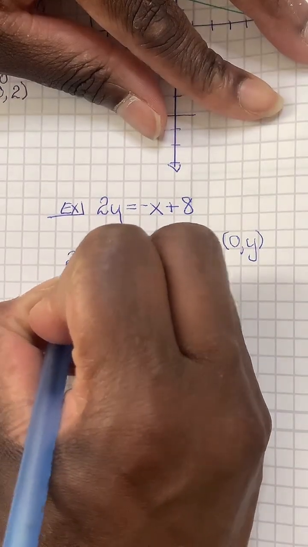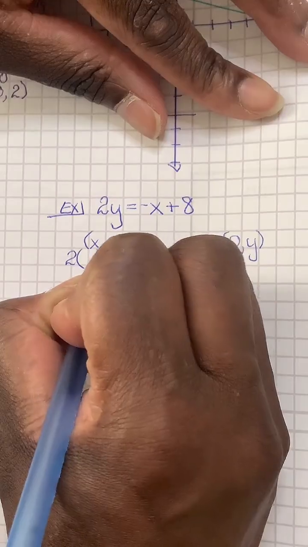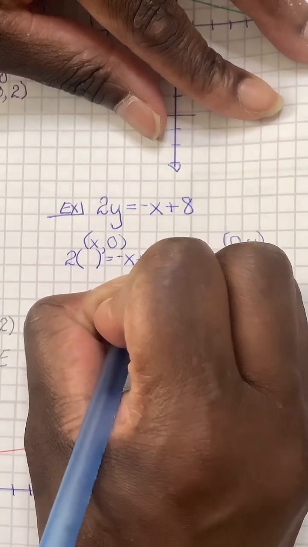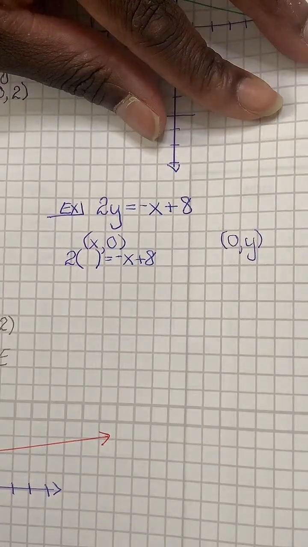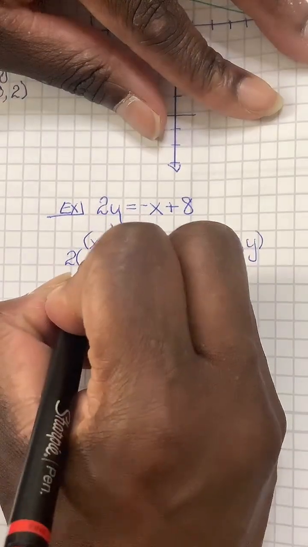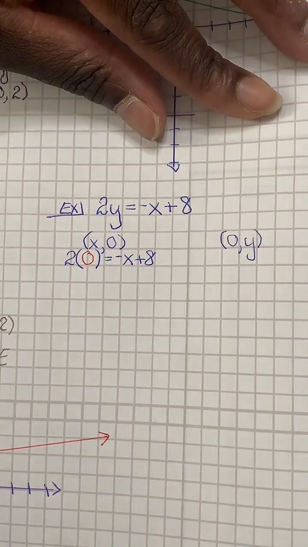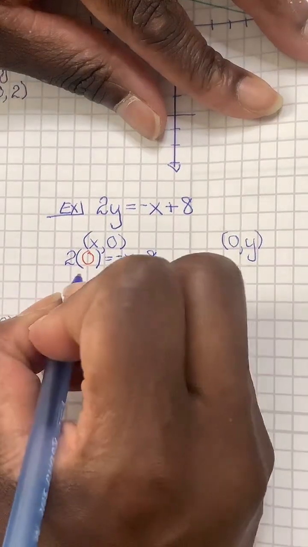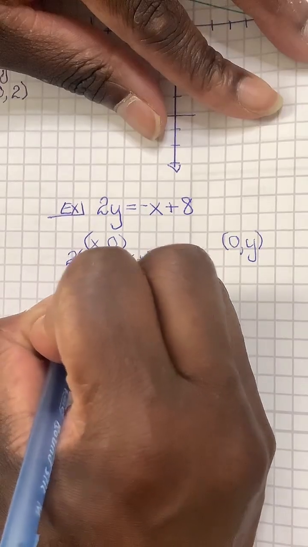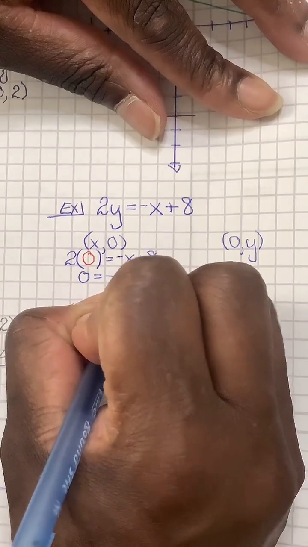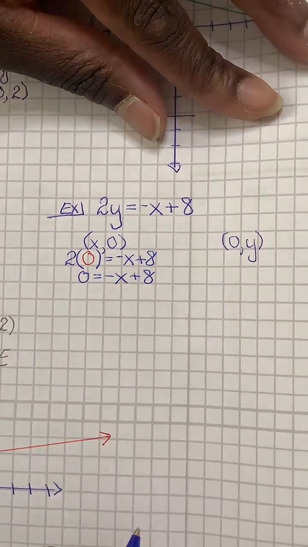So I have 2 times the 0 equals -x plus 8. So I'm putting the 0 in for my y's. So we know that 2 times 0 will give me 0. And then we have negative x plus 8.